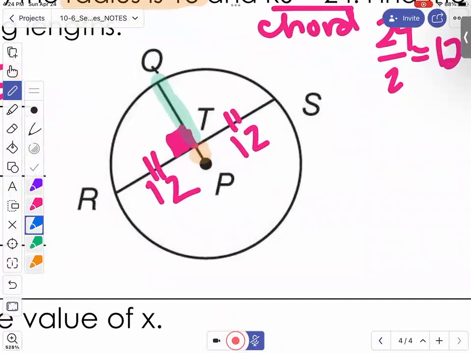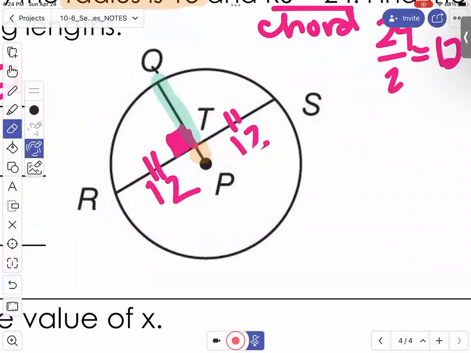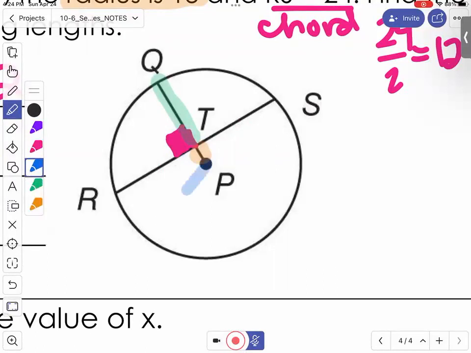So let's take a look then at our pictures. I'm going to erase my 12s for a minute and my congruent symbols. Now, we already know the radius is 13. So no matter where this radius segment gets drawn, no matter where I draw it, it's 13 wherever I want to put it.